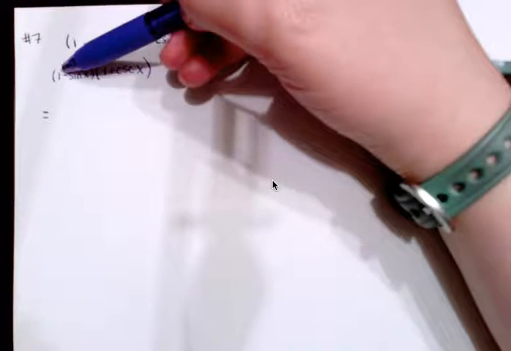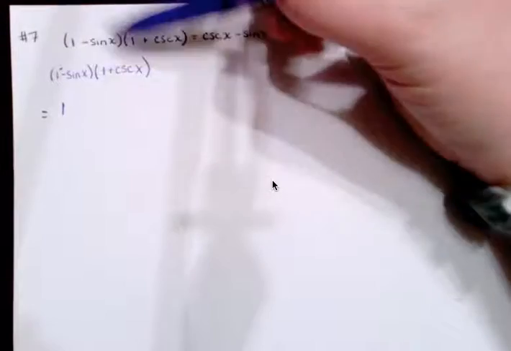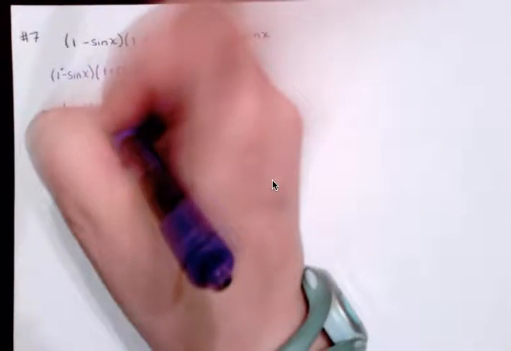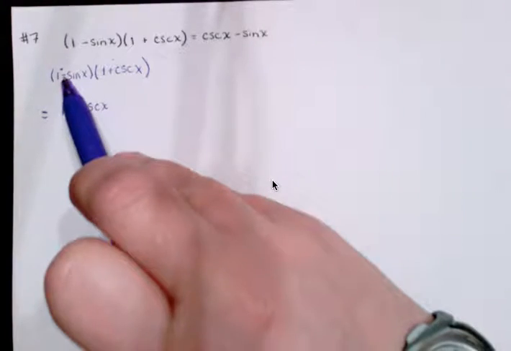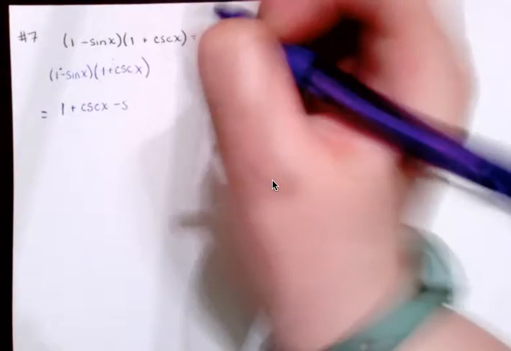We do that foiling. So if I were to FOIL this, again, I have 1, and I'm going to times it by 1, 1 and times it by cosecant, so I get plus cosecant of x. And then negative sine times 1 is negative sine of x.